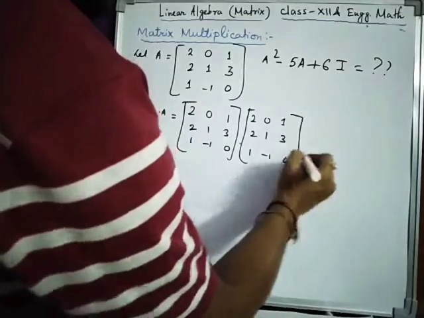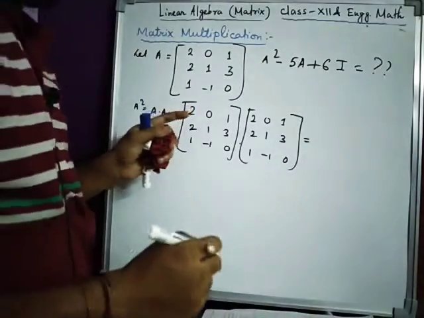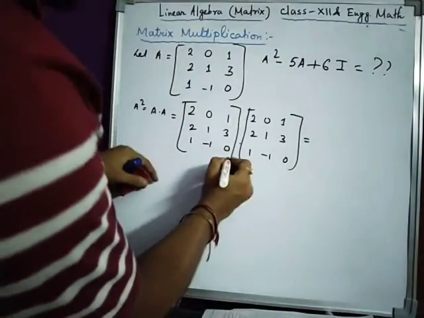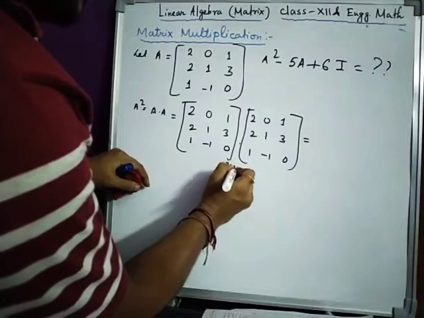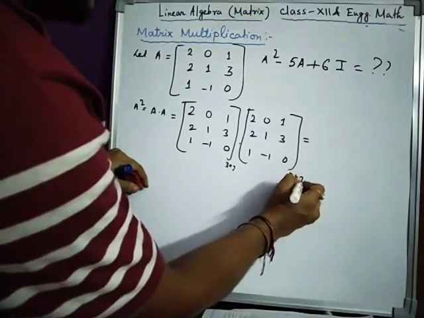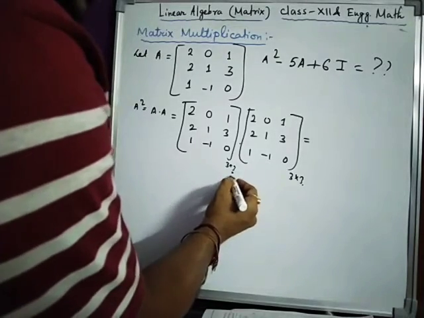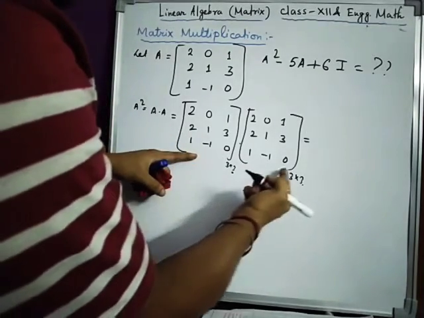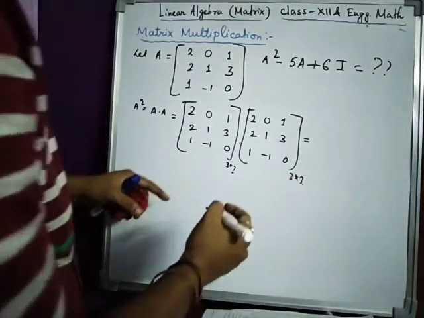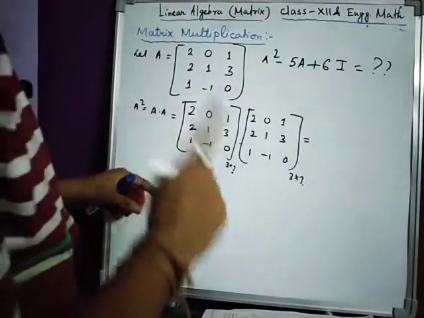So this is A into A. If you do multiplication, please remember it is also a 3 cross 3 matrix. So multiplication is possible because the number of columns in the first matrix and the number of rows in the second matrix are the same.